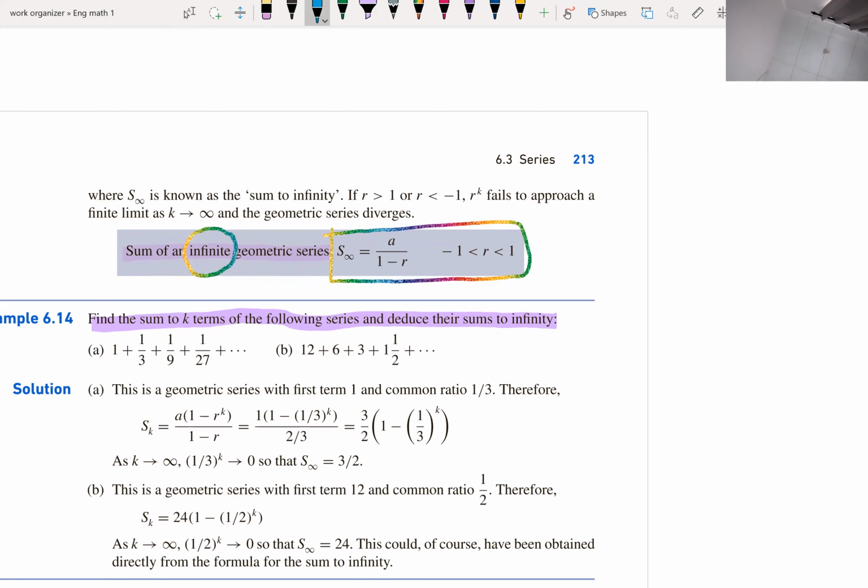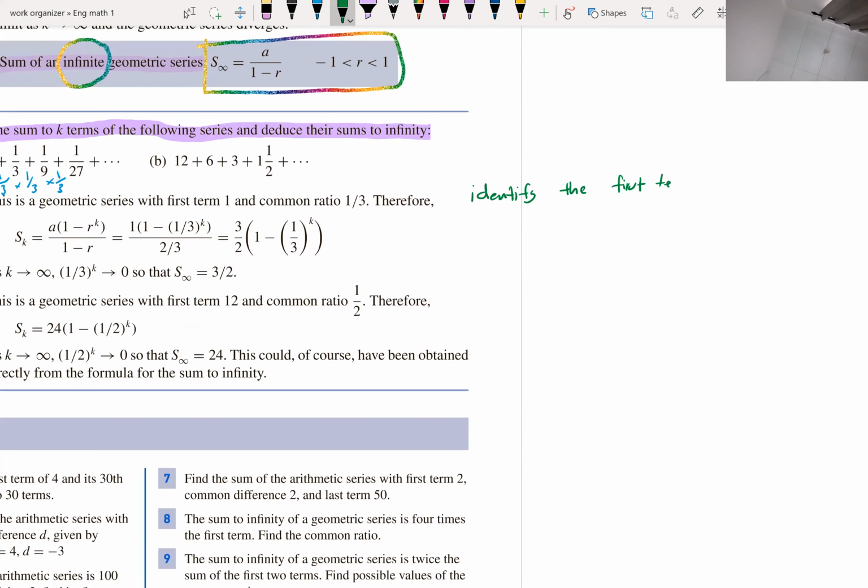It has to multiply with 1 over 3, right? So now this is the geometric series. Then identify the first term A and the common ratio R.